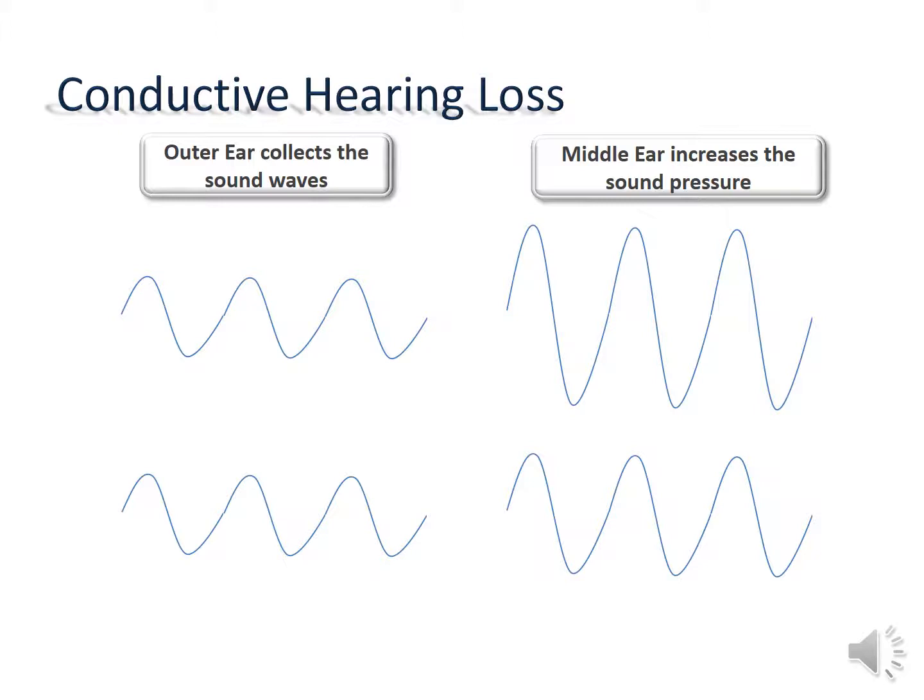Or there's a problem with the middle ear, such as the eardrum has become damaged, or there's a problem with the 3 tiny bones in the middle ear, or there's fluid in the middle ear. When someone has this type of hearing loss, oftentimes it can be medically treated, and it's referred to as a conductive hearing loss.